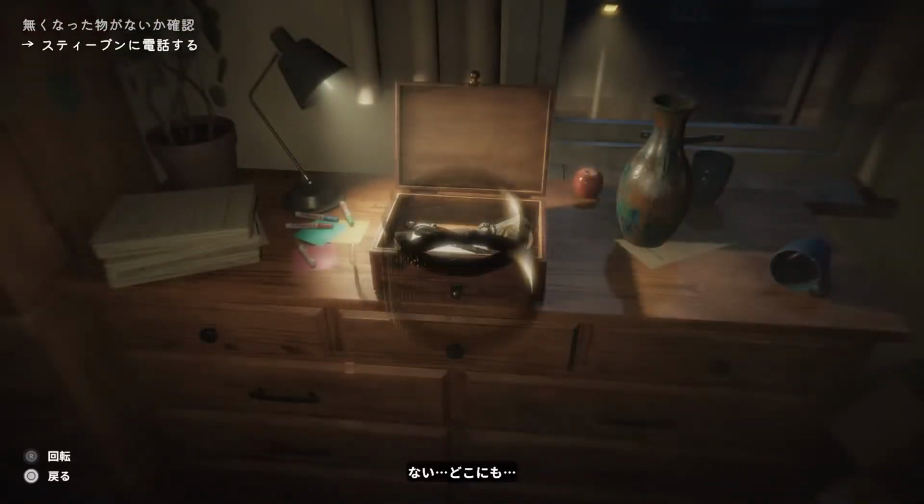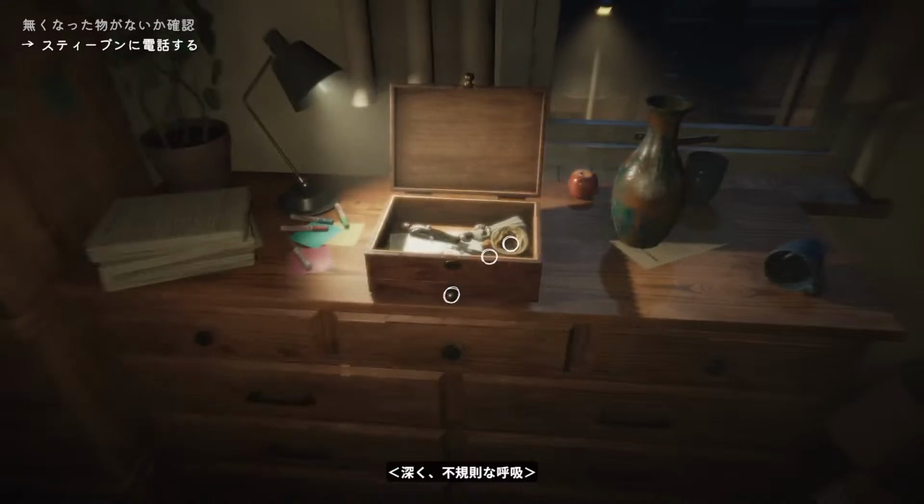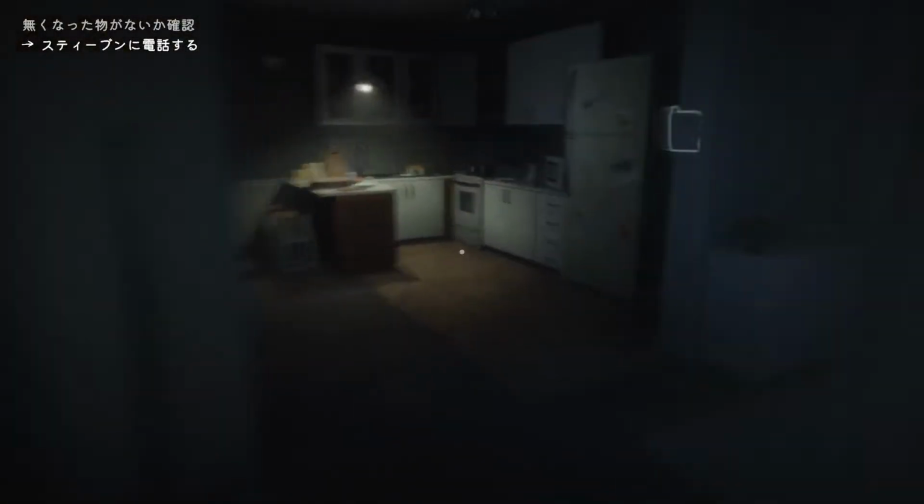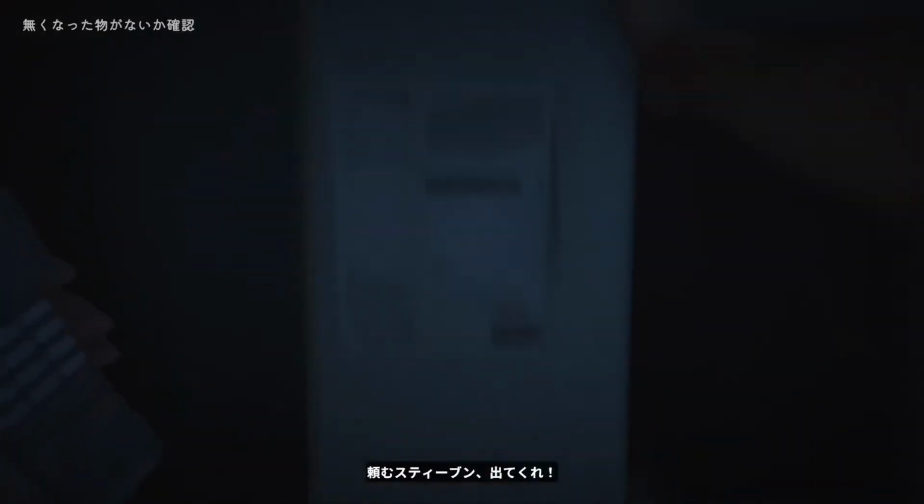It's not here. It's not. I need to go. I need to go. This is sick. Come on, Stephen. Pick up the fucking phone.